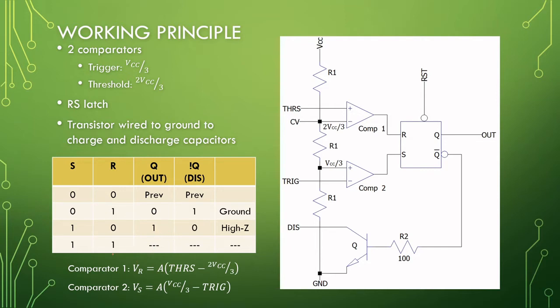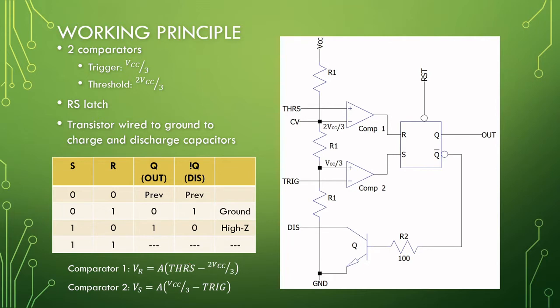Okay, so looking at the comparators, VR is what's going into the reset, it is the gain of an op amp, which is infinite, times threshold minus 2 times VCC over 3. And for the set, it's VCC over 3 minus the trigger.